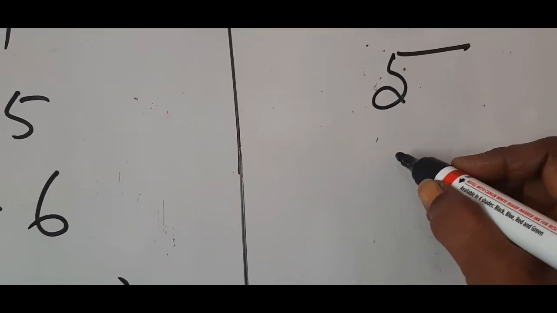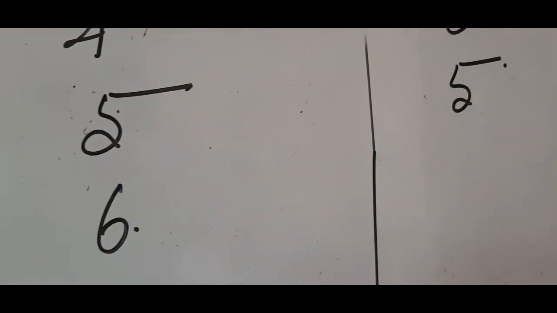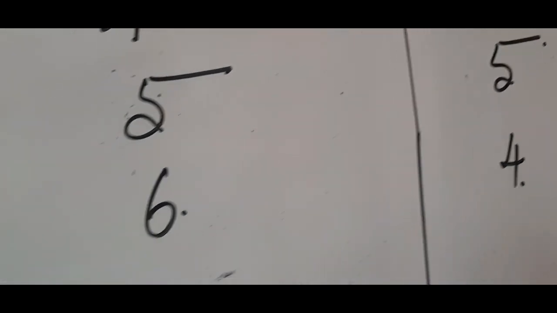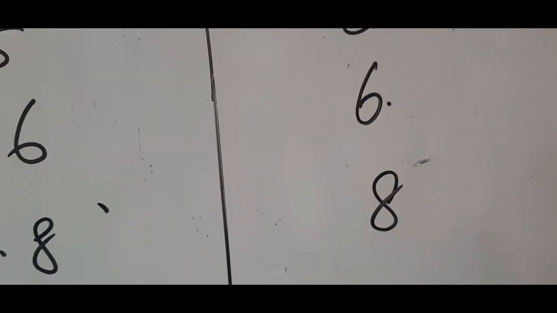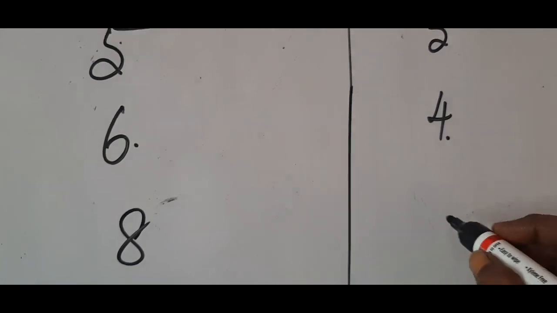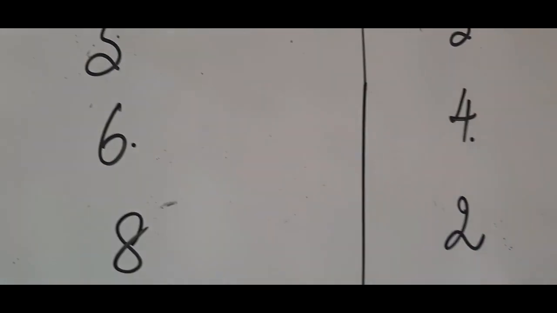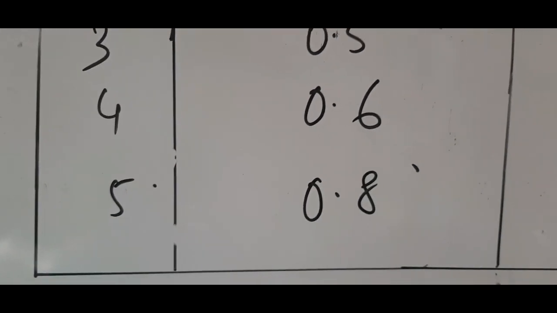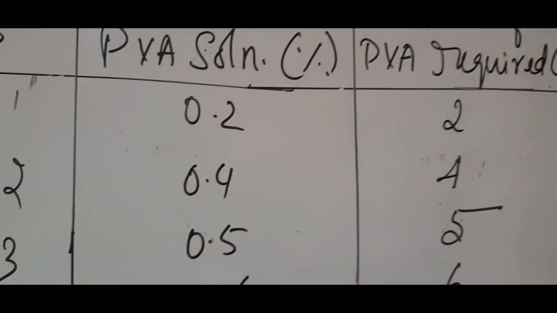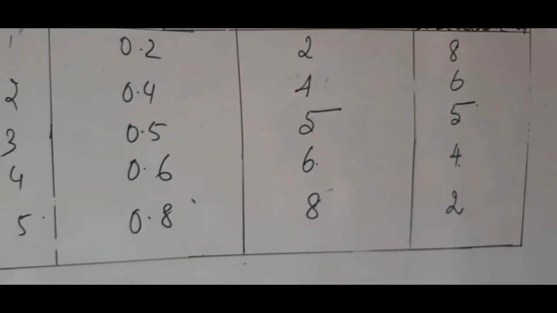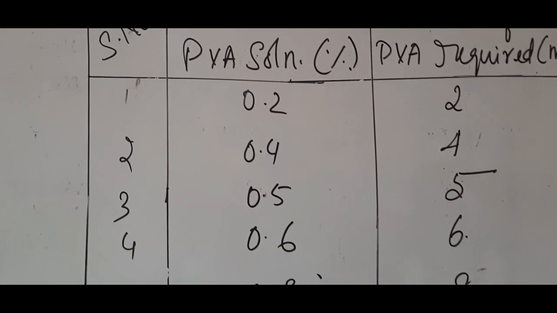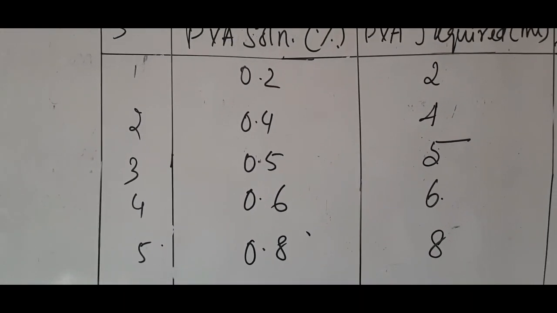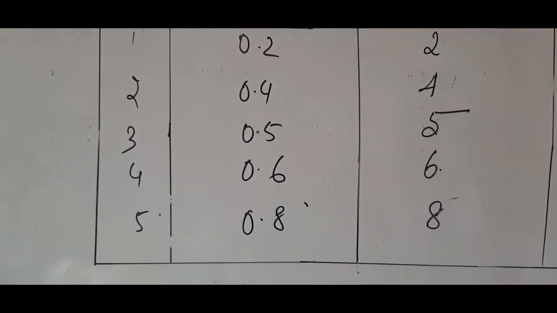Then 6 ml of PVA mixed with 4 ml of distilled water, 8 ml of 1% PVA mixed with 2 ml of distilled water to get 0.8. Okay, so this table gives you the details of how you prepare various concentrations of the polyvinyl alcohol solutions.